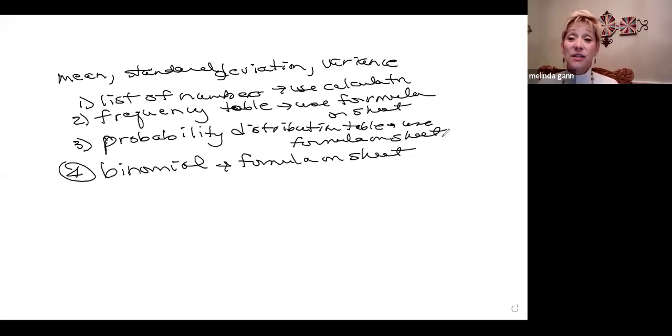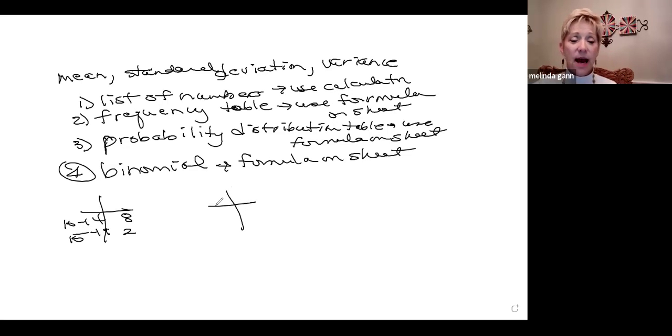Because if you're looking at a list of numbers, you know what to do. You should know where to go on the calculator, how to enter your numbers in a list, how to go to stat, how to go to one variable stats, how to type it in and hit enter, and what to pick. You shouldn't get a frequency table confused with a probability distribution table. Because a frequency table's got classes over here like 10 to 14, 15 to 19, and whole numbers.